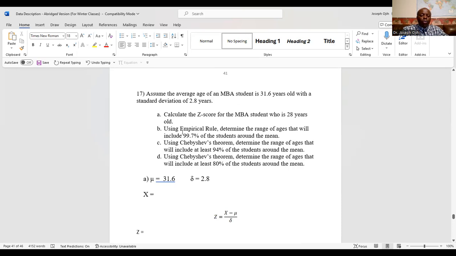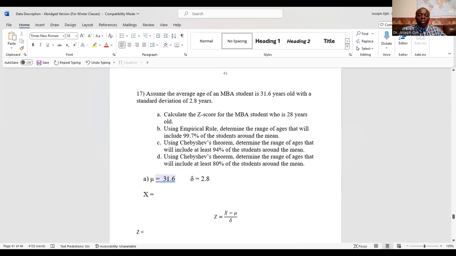Part B: using the empirical rule, determine the range of ages that will include 99.7% of the students around the mean. Part C: using Chebyshev's theorem, determine the range of ages that will include 94% of the students around the mean. Part D: using Chebyshev's theorem, determine the range of ages that will include at least 80% of the students around the mean. So first is to write our mean and standard deviation.